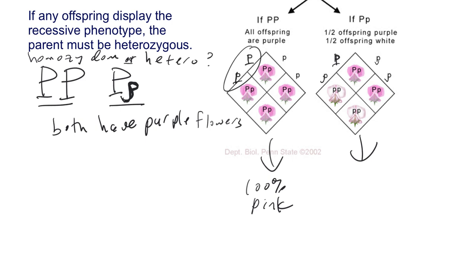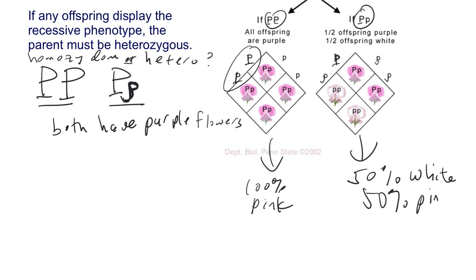And then if it's heterozygous, like right here, 50% of the kids will be white, and 50% of the kids will be purple.